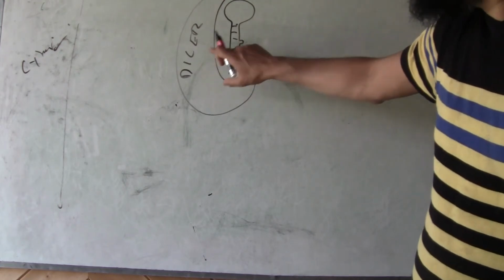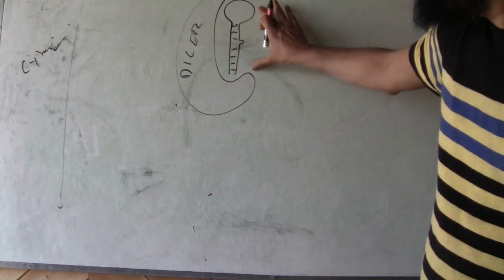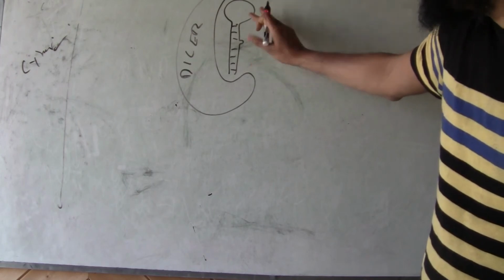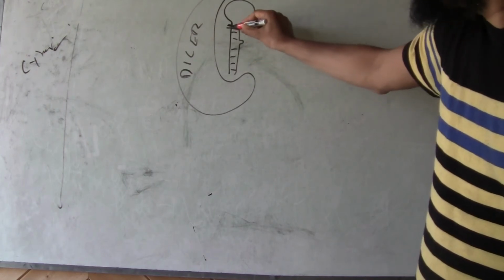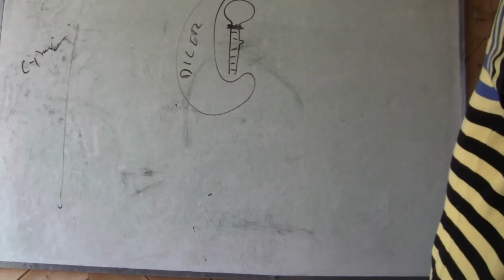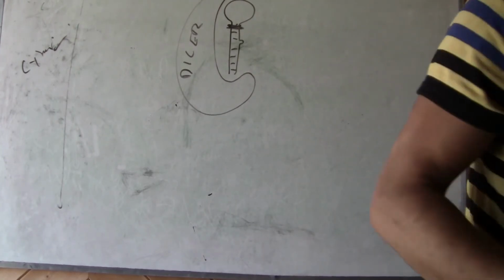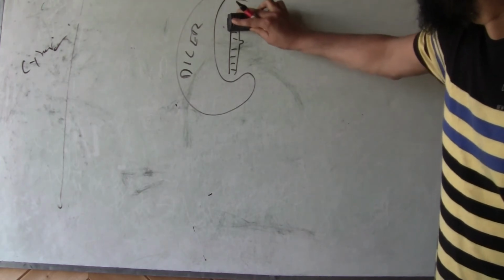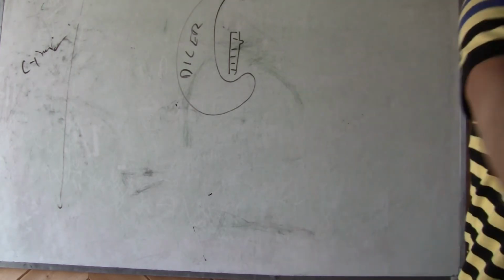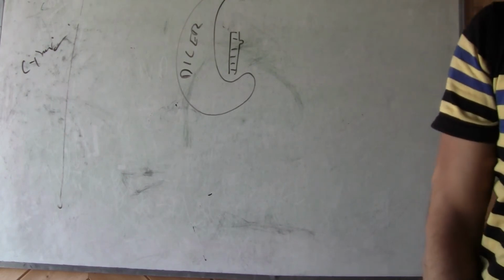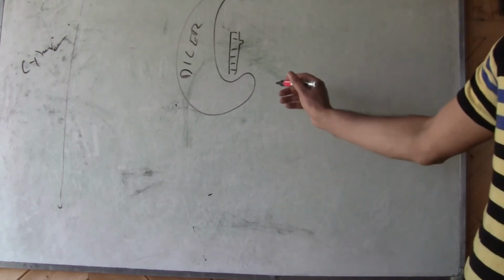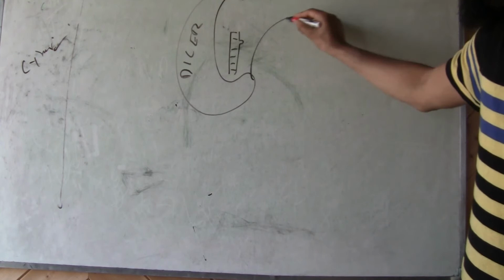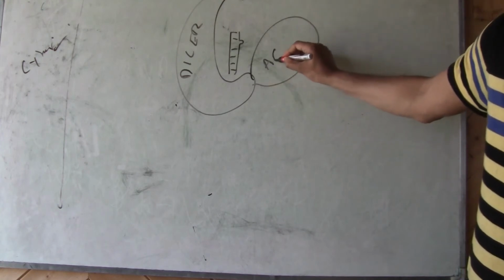So once the Dicer interacts with the precursor microRNA, it cleaves this loop out, and you have this structure left. After this, what happens? There's a protein called AGO2.